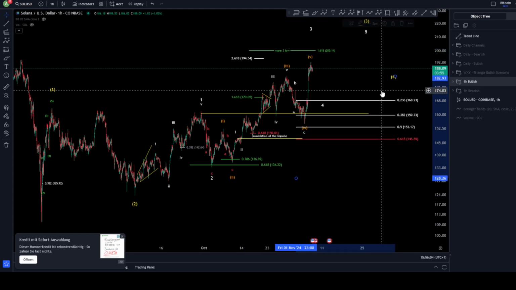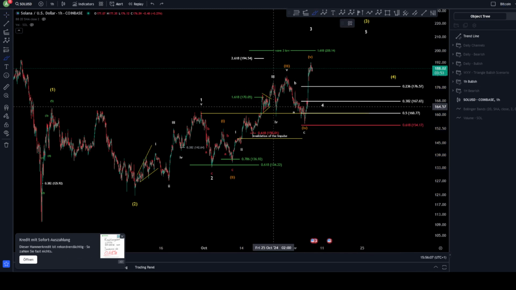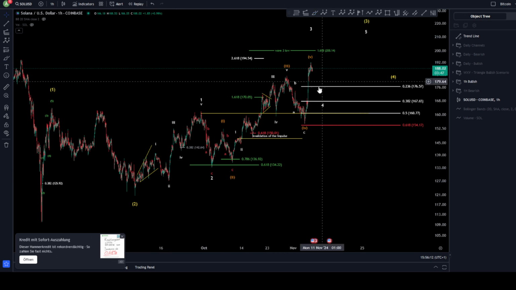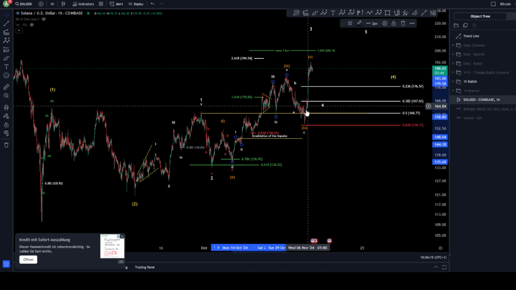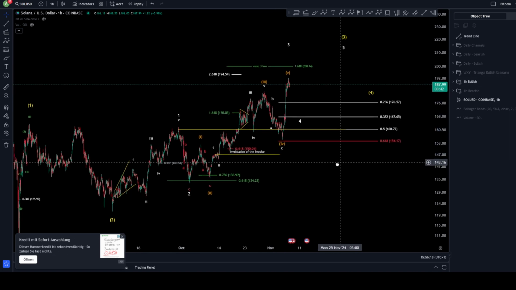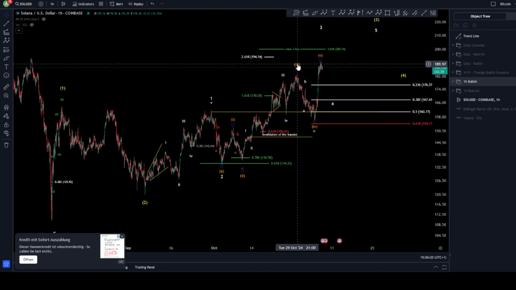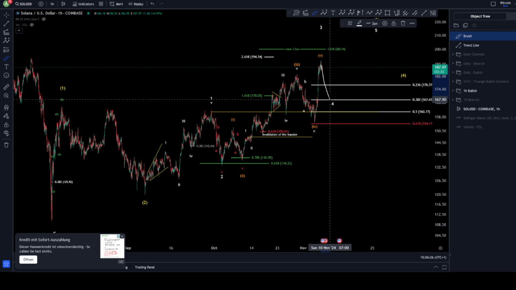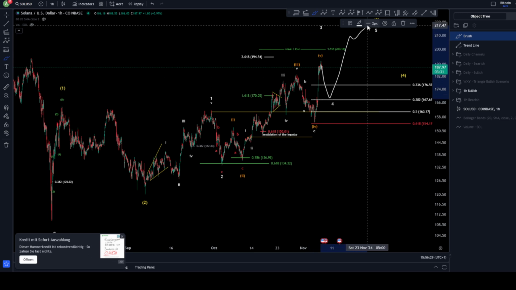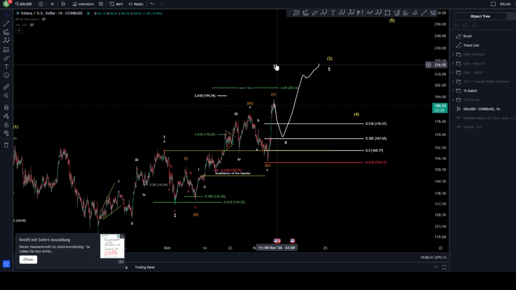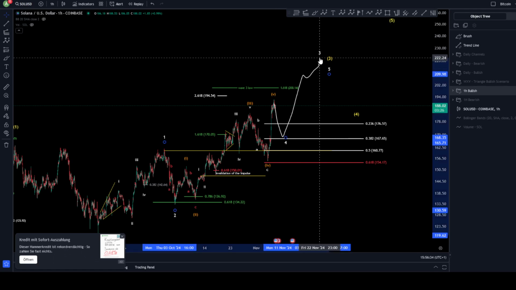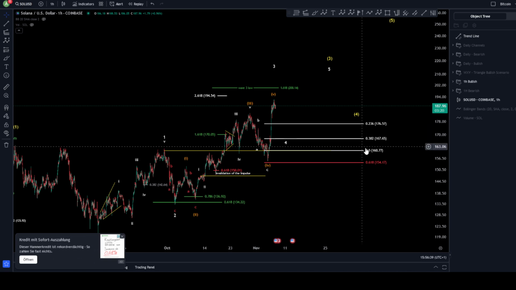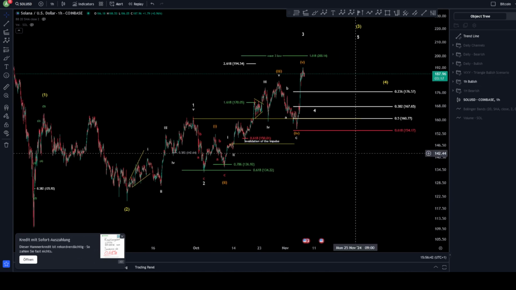This might be only a part, like, after finishing here with your wave 5 in the orange scenario, and you have finished your wave 4 and a 5 here. It is preferable, guys, to be a 1, 2 maybe, and then 3, 4, 5. So if you want to see higher prices, we should in any case not dive lower than 160. So that is two possibilities.